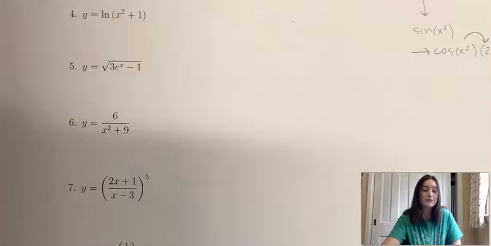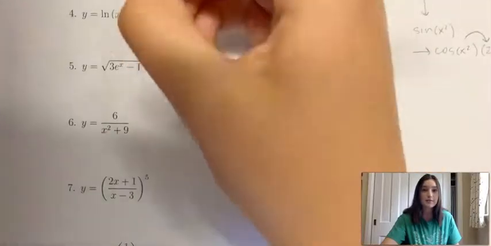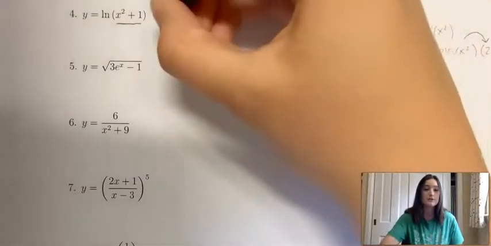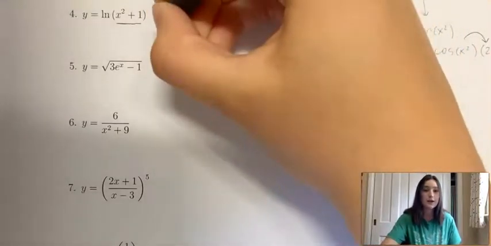Okay, moving on to number 4, this is another pretty basic chain rule where you are using the ln of x derivative, and remember that the derivative of ln of x is 1 over x. So in this case, the x squared plus 1 is being substituted for the x because that's our inside function.